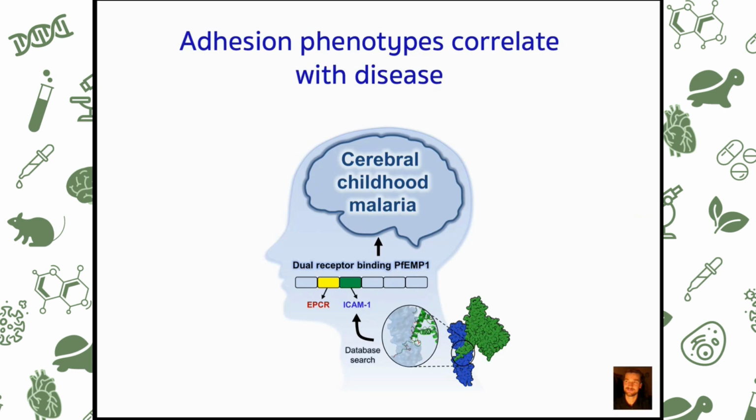So you can see the parasite has evolved something to stop it from being destroyed, and that has inadvertent consequences for the infected human, leading to situations in which that infected human has all sorts of deleterious things happening: brain inflammation, brain swelling, and severe malaria.